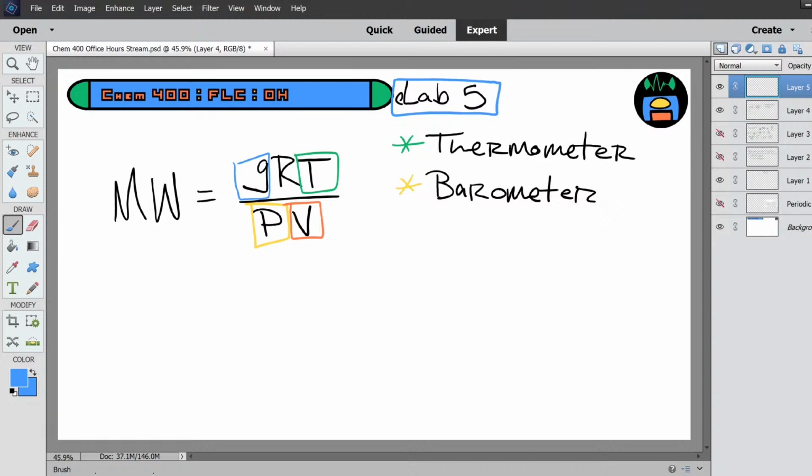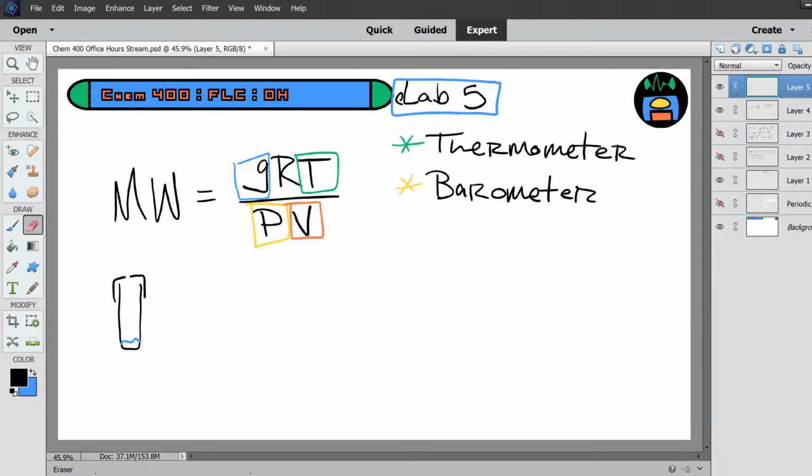All right. The method that this experiment employs is, you have a little bit of your liquid. This is a volatile liquid, and it's covered with aluminum foil with a small little hole. So some gas can escape.